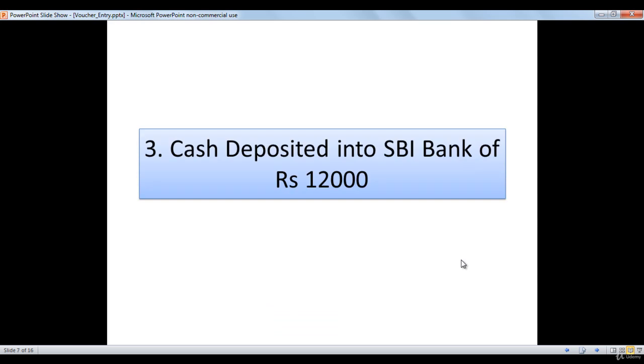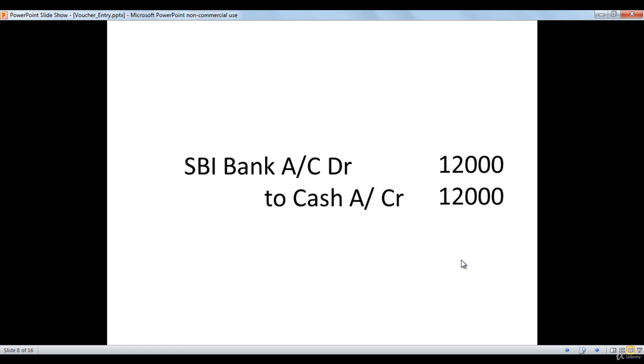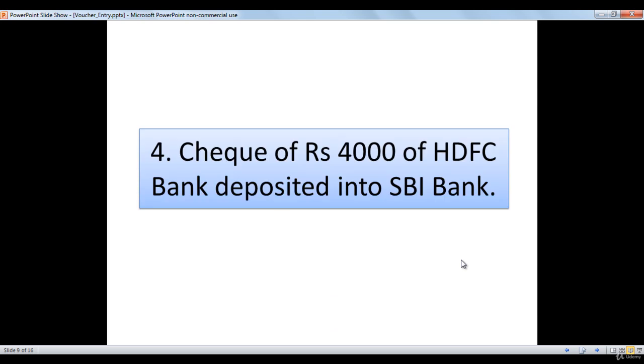Now the next statement is cash deposited into SBI bank of rupees 12,000, means from one account to another account. So SBI bank account debit to cash, and what kind of voucher entry is it? It's a contra voucher because from bank to cash. F4 is the shortcut.